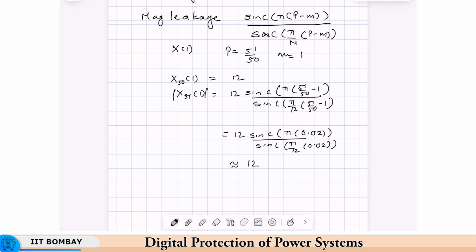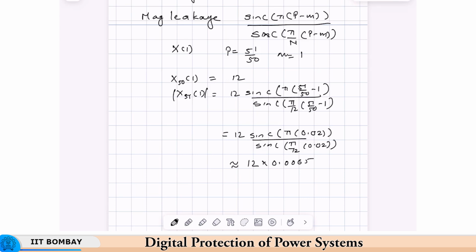It will be 0.0065 or something. So the DFT leakage is very small. Most of the energy, I am using the word energy just to denote that the phasor information, will still be available in X 50.